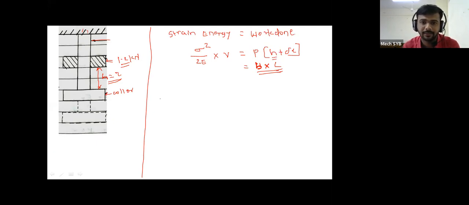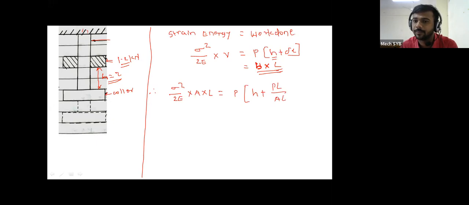So if I write this formula, sigma square upon 2E into area into length is equal to P in bracket H plus delta L, where delta L is PL upon AE. Now we simply have to put the values.